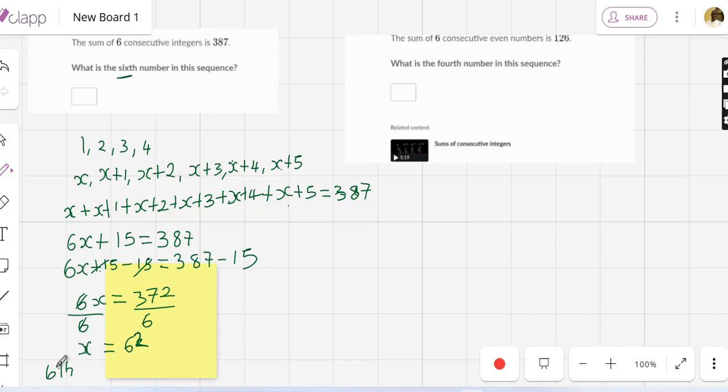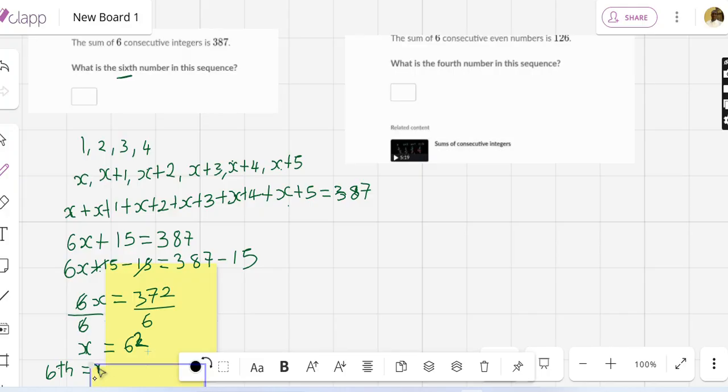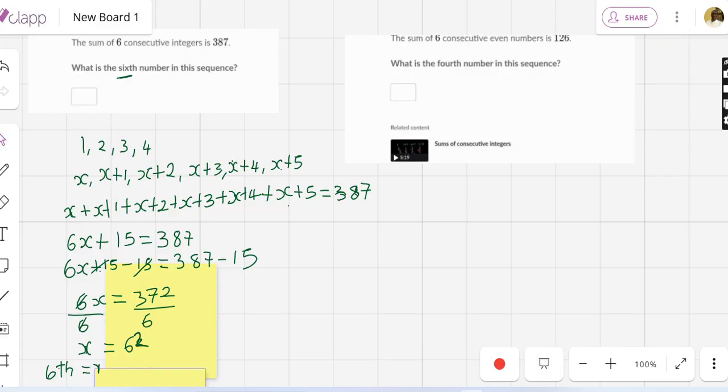is going to be x plus 5. x plus 5 is x plus 5, and that implies 62 plus 5, and that's going to give us what? 67.